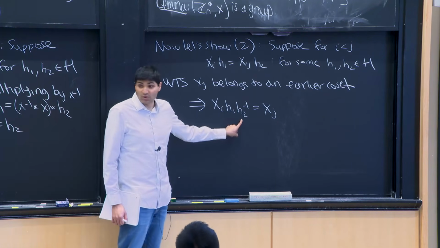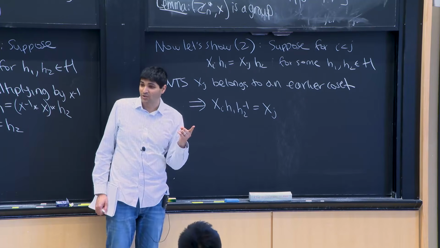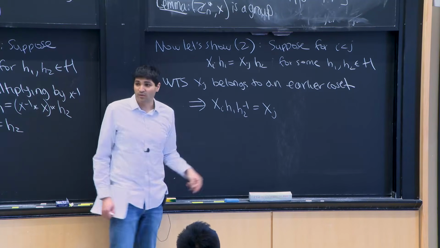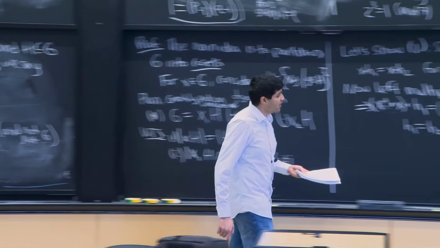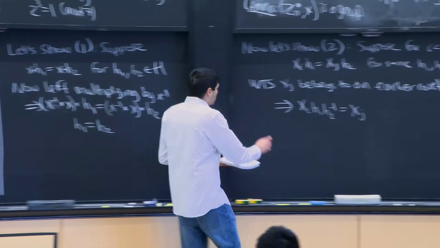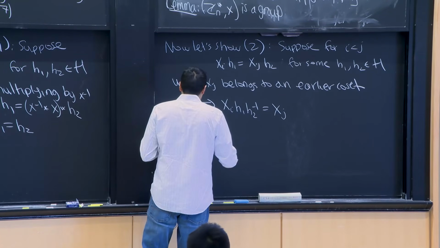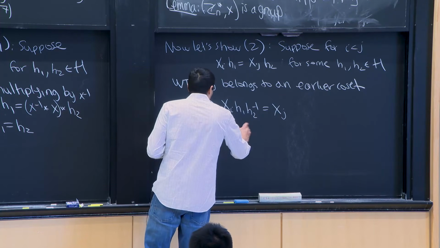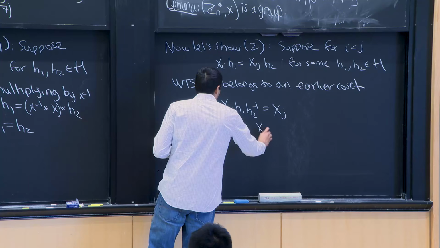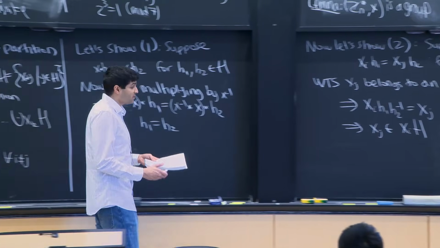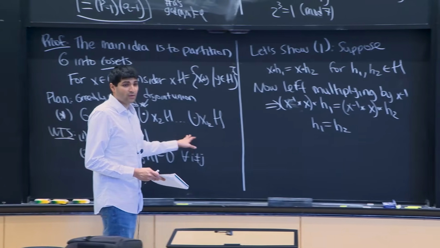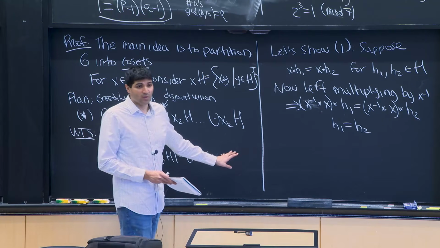Why? Because h2 inverse belongs to H, and then I'm multiplying two things belonging to H, so we've used the two key closure properties of the subgroup. And so what this means is that xj belongs to the set xi H. That means xj should have been covered, and we shouldn't have considered it to begin with.